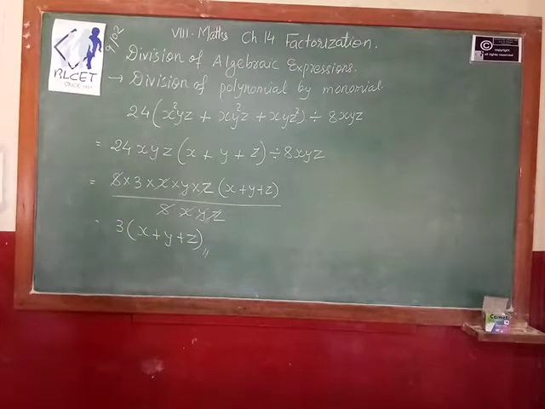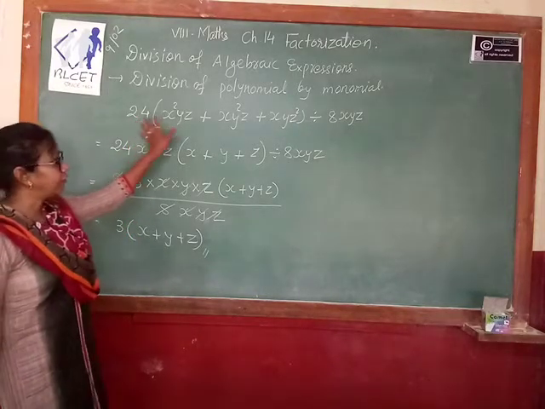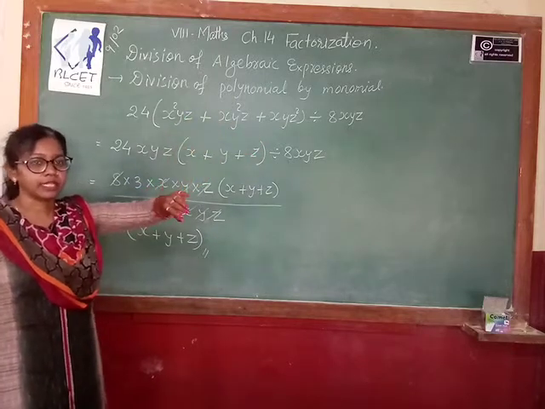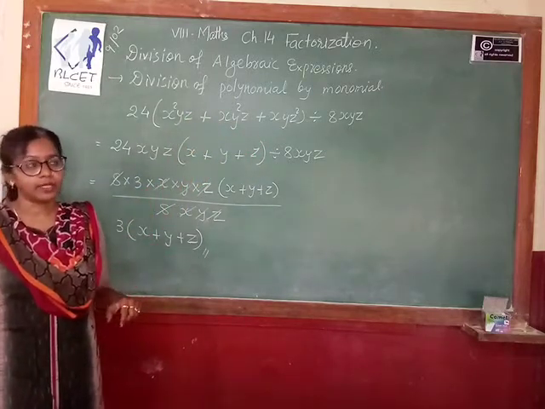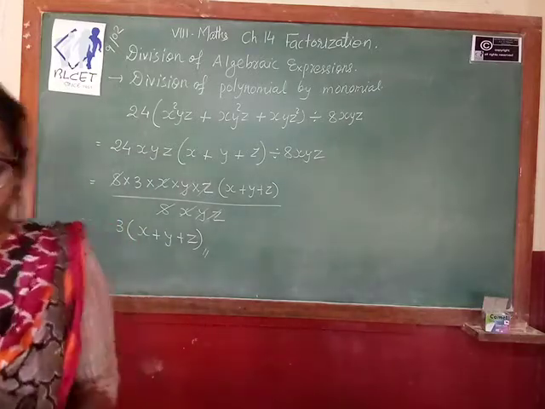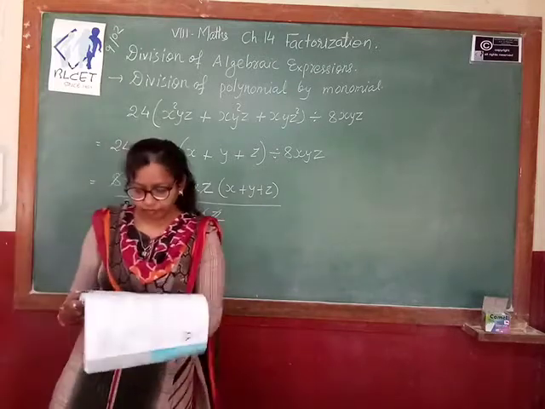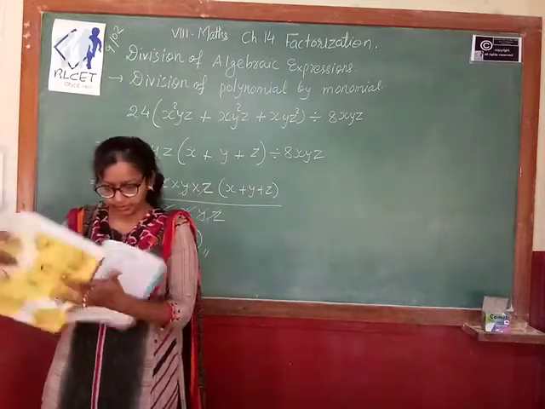This is the one way you can do the calculation. Second, what you can do is multiply the 24 with all terms individually, then take the numerator, divide by the denominator, and then do the calculation. That method is a little bit long, so I have followed this method. You have two methods, any method you can follow to do the calculation.